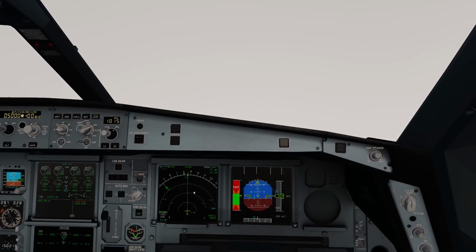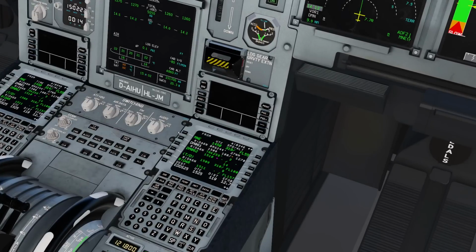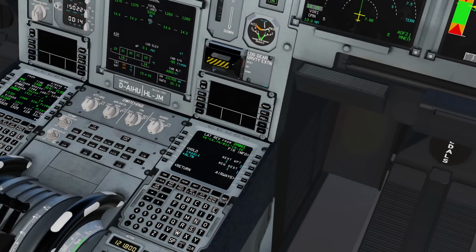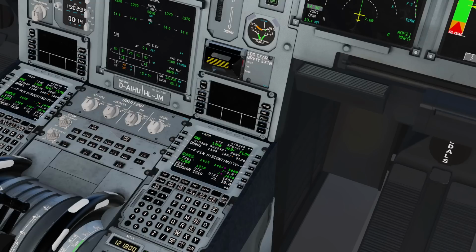Okay, so now we're going to start the preparation for the approach, and I am going to program an immediate return to Munich. So new destination, insert, arrival. We are going to do an ILS approach for runway 26 right. No star, no via. Insert.